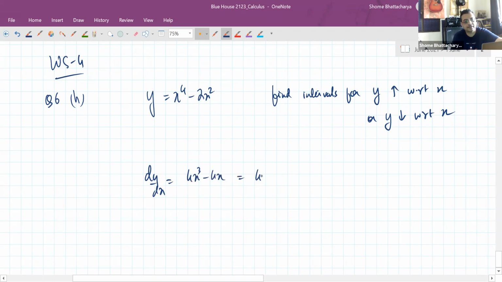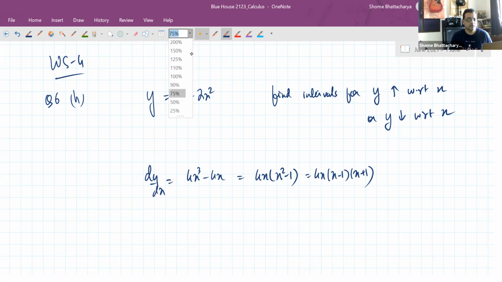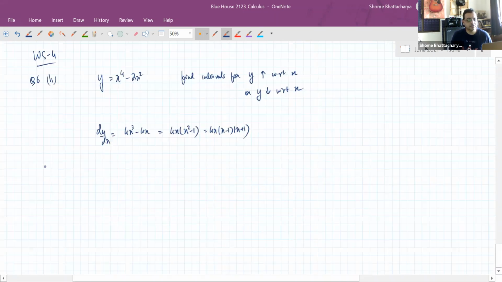So we can nicely factorize that and write it as this. Now when we are solving the inequality that dy by dx is greater than 0 or less than 0, we can use the wavy curve method that you might have learned in maths.